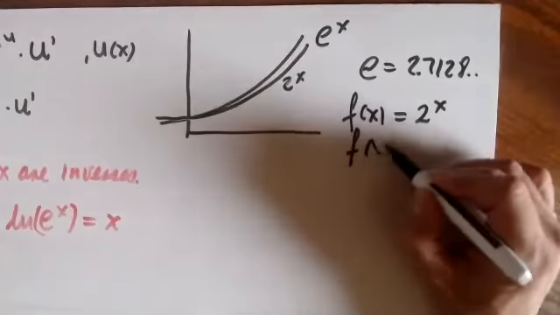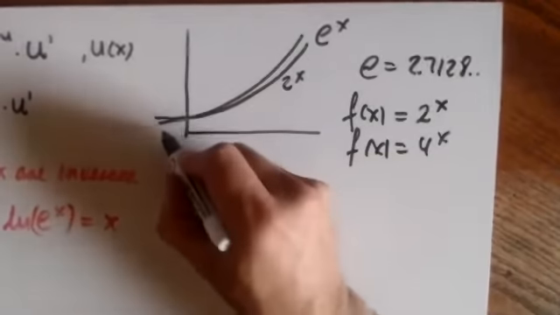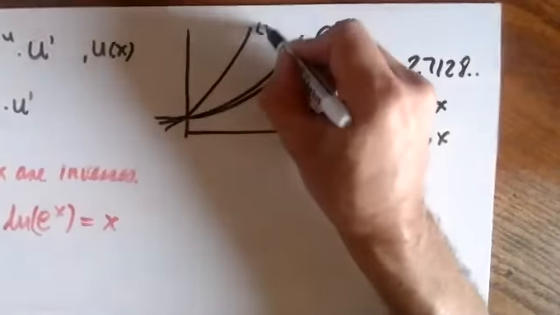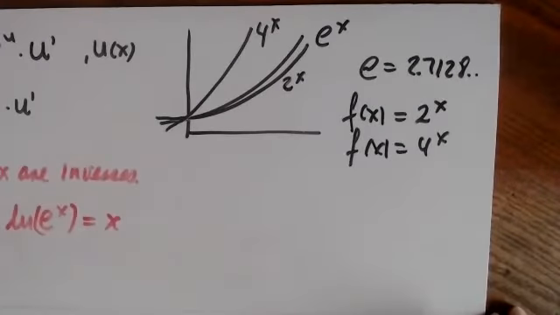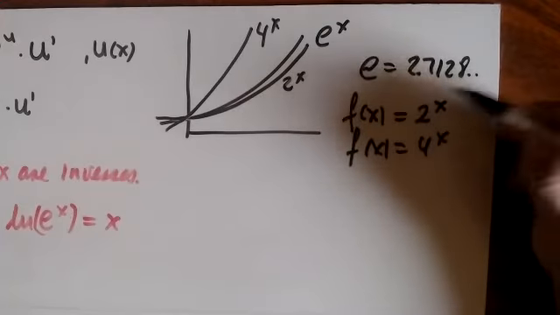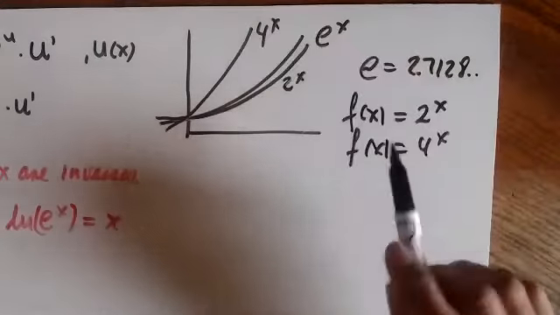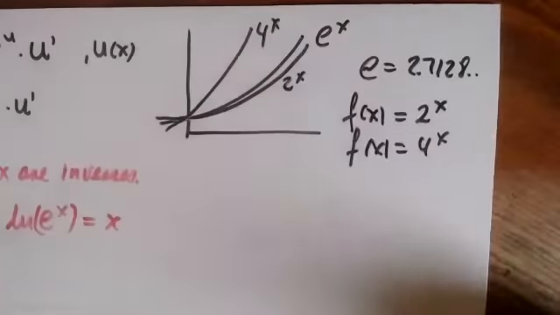If we take f(x) equals 4 to the x, obviously this is going to grow faster. So the exponentials with base different than the natural base are also differentiable functions because they are, we can say, parallel to the natural exponential.